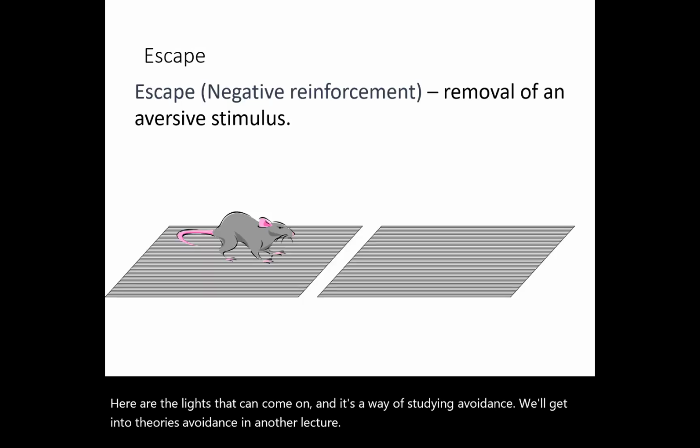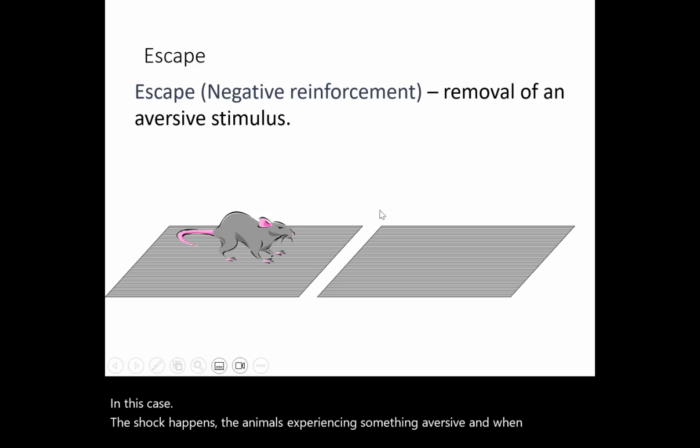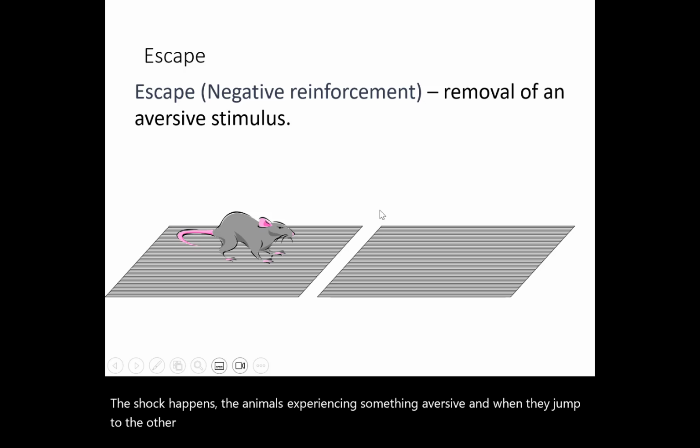Escape, which is also maybe reward, but also maybe avoidance, maybe negative reinforcement. It really is difficult to say. In this case, the shock happens. The animal's experiencing something aversive. And when they jump to the other side, they feel better.